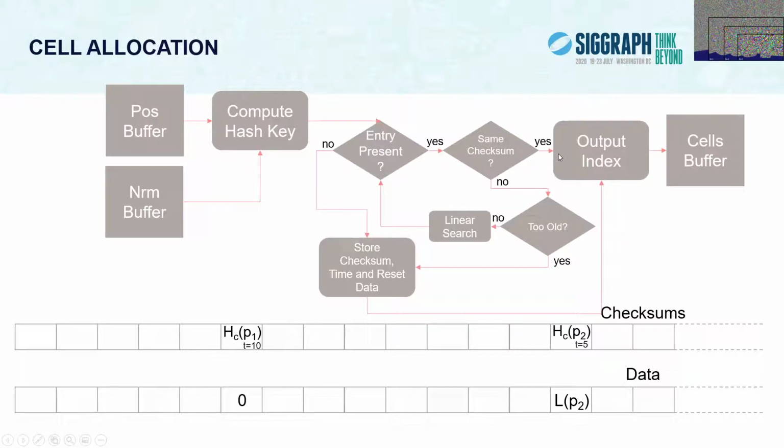If they're the same, then there's already a cell at the location of our point, and we can just use it. If the checksums are different, then we either discard whatever exists if it's too old, or we do a linear search to try to find the next available entry. And if there's no entry present at all, then we create one, initialize everything, and output the cell ID.